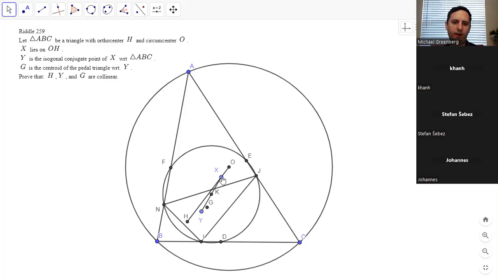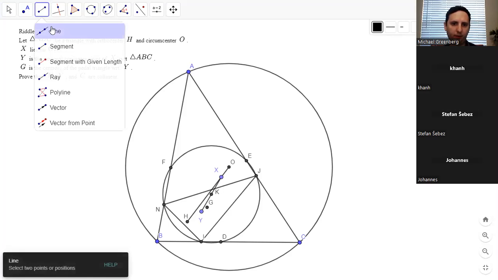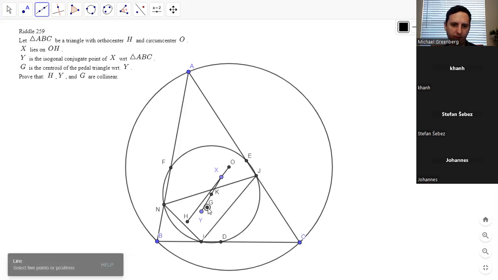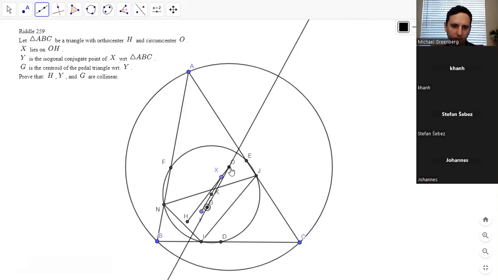So we know XK is the median of this. I would be very surprised if OG was parallel to XY. Let's see. Yeah, it's not. At least I don't think so.